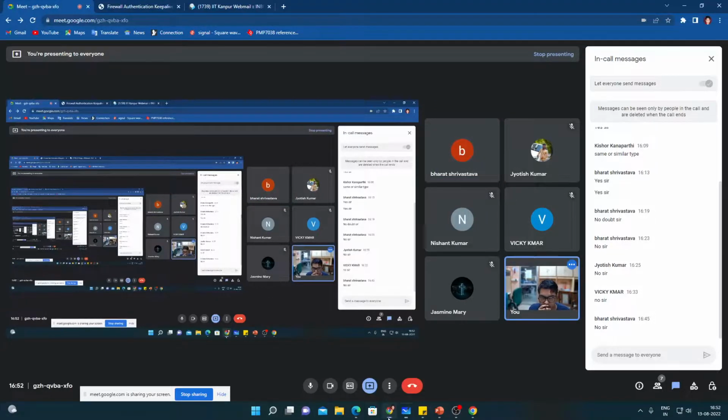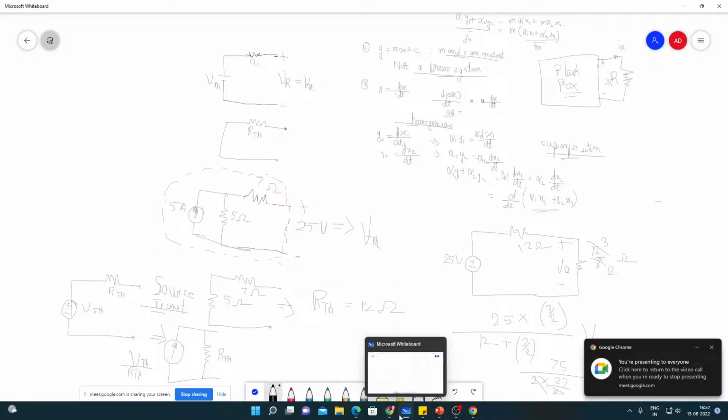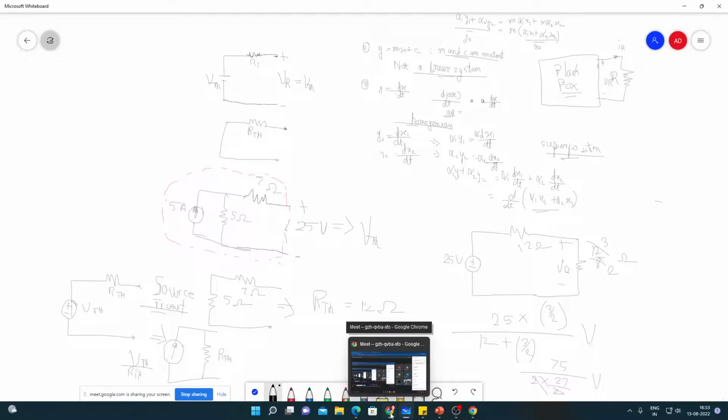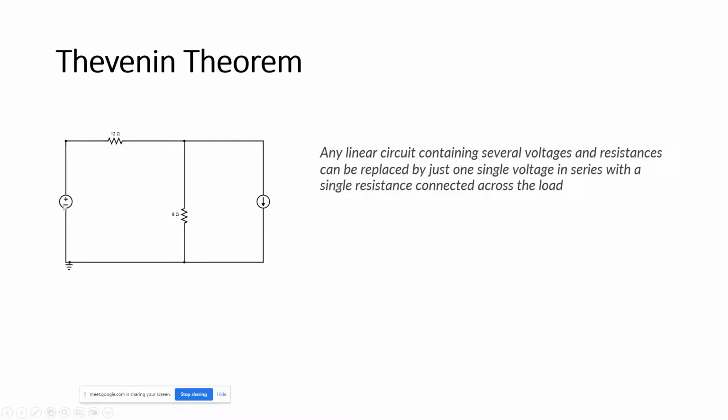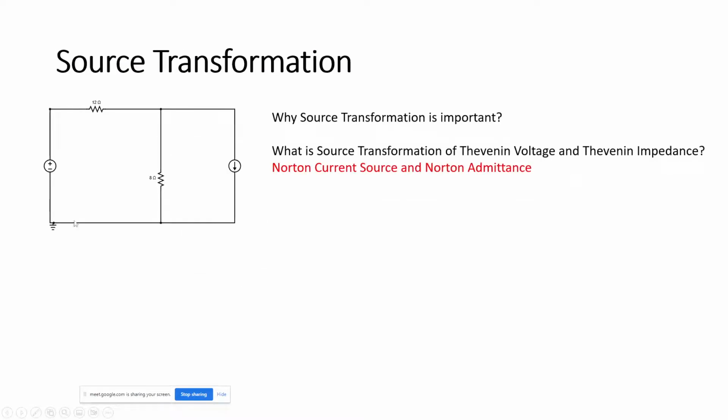Okay, let's do a problem that deals with the concept of source transformation. Let's say here we have 12 volts, and here I have 5 ampere.